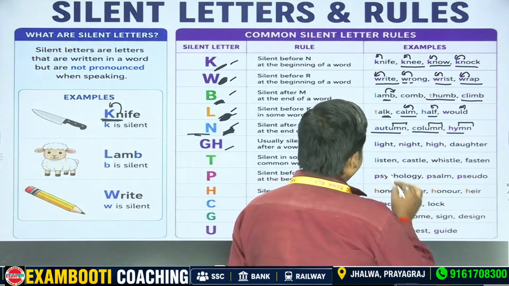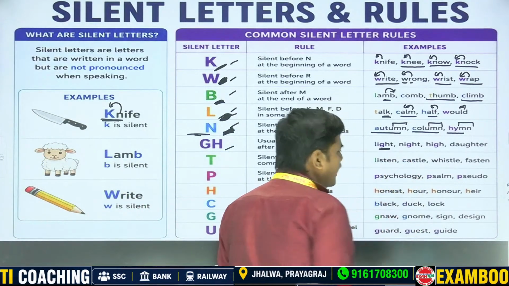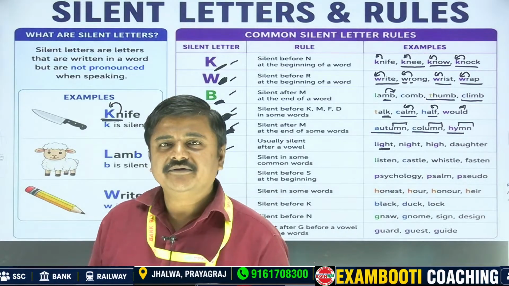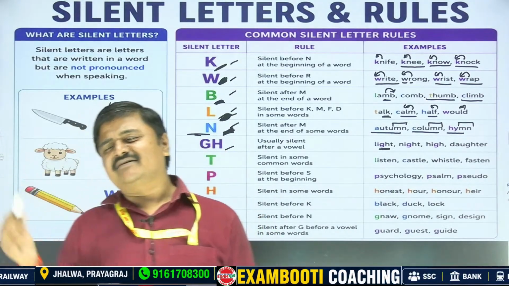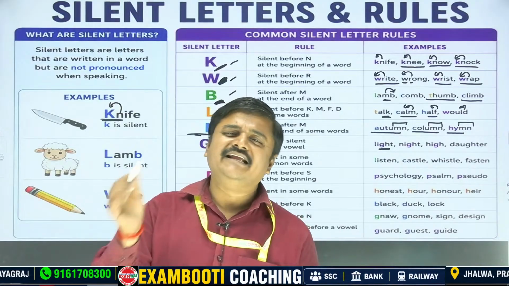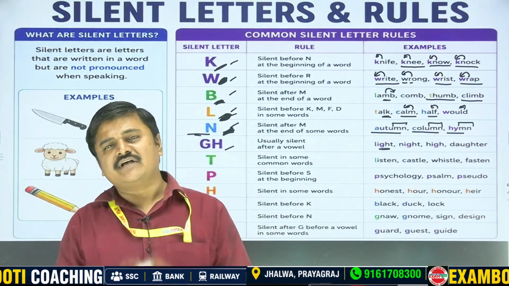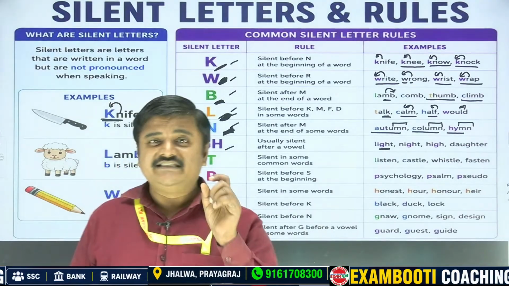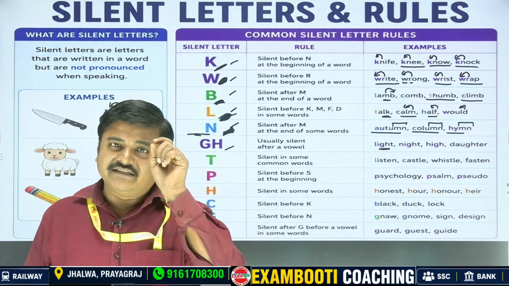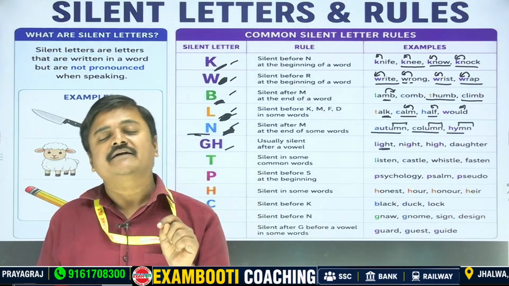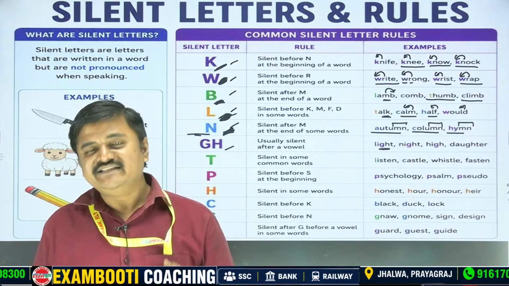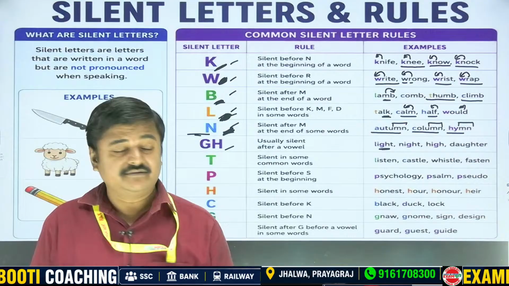So, GH, like light, L-I-G-H-T. Think that there is only L-I-T, light. There is no G or H, so there is no sound. L-I-G-H-T, this pair GH is just after I. That's why GH is silent here.